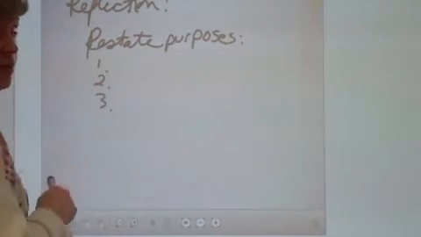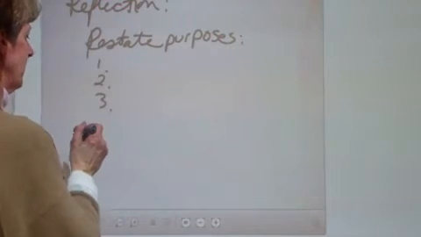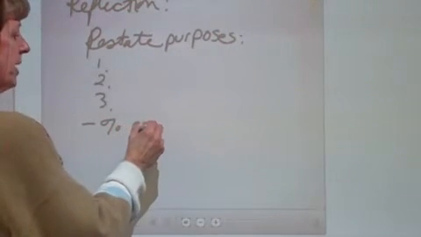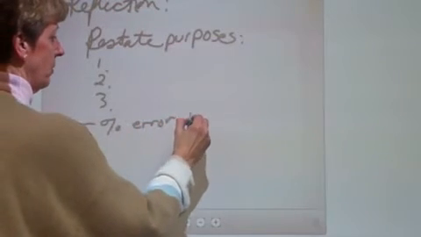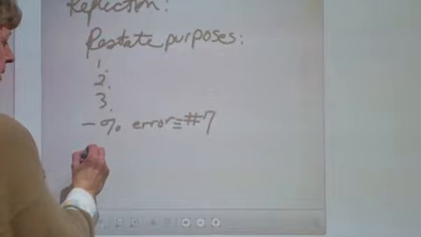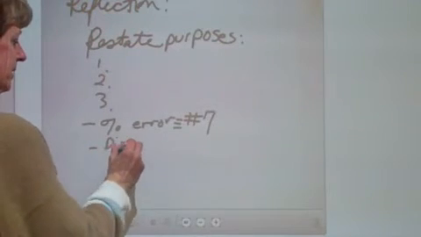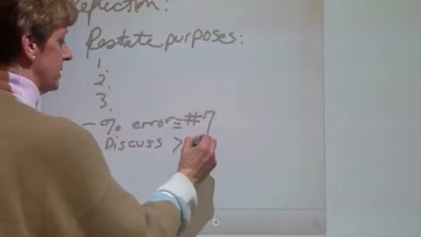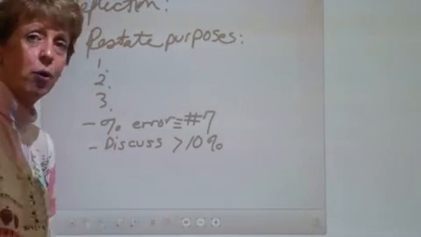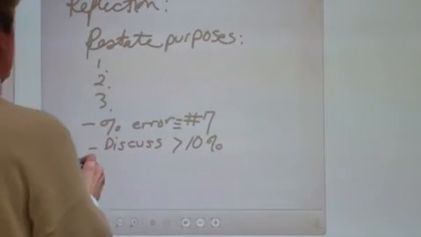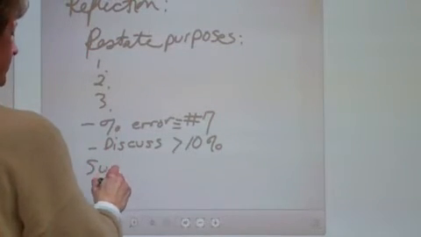I'm hoping that you talk about molality as being something new that you did. No need for the percent error, you do that in number 7. But discuss that percent error. If it's greater than 10%, if you're over 10%, I need to know what happened. Okay? And then suggestions for improvement.